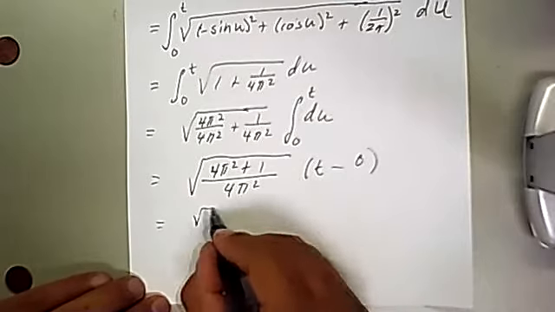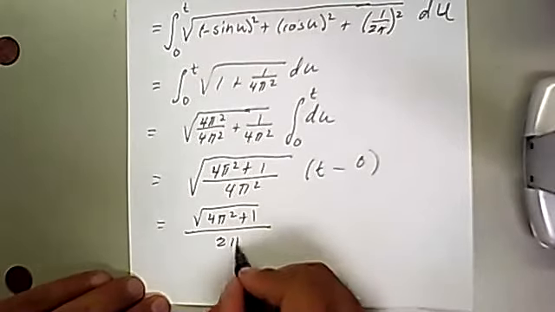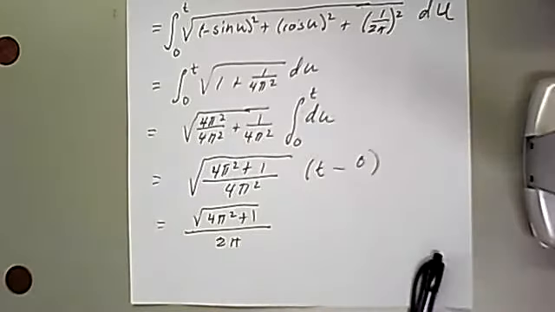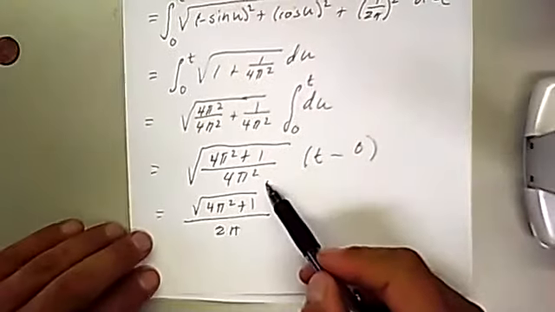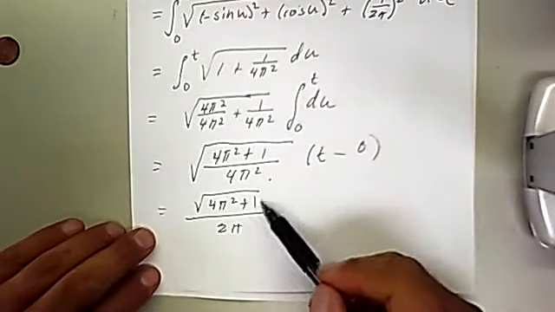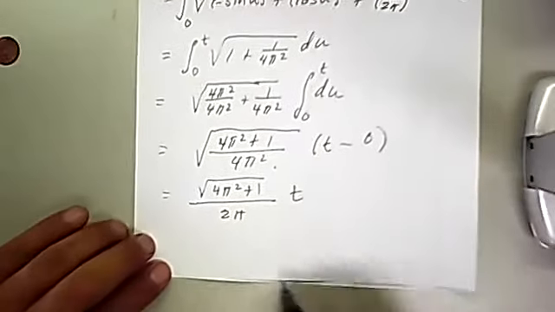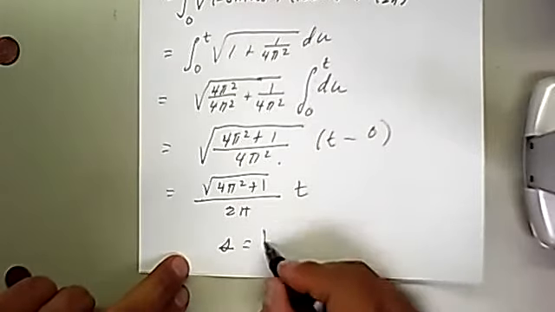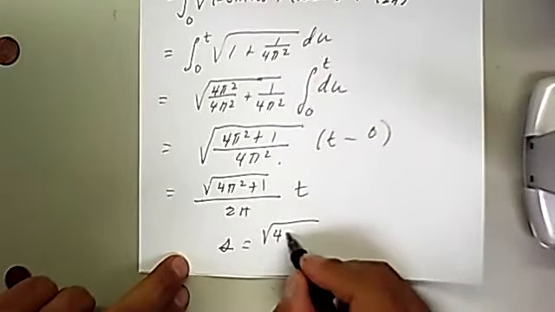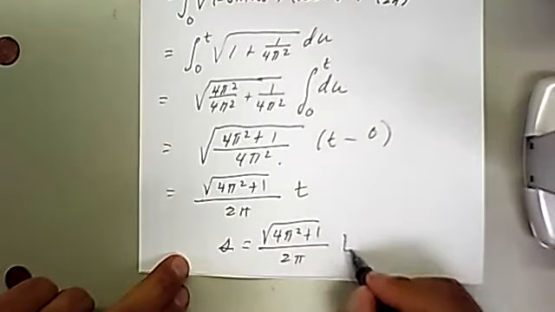So we end up with the square root of 4 pi squared plus 1 over 2 pi, because we take the square root of the numerator and the square root of the denominator. The denominator does simplify, the numerator does not, and we multiply by t. So we end up with s being equal to this constant, the square root of 4 pi squared plus 1 over 2 pi, times t.